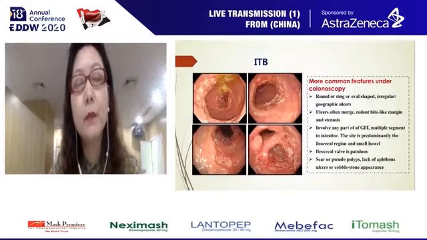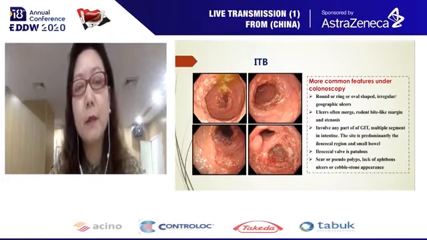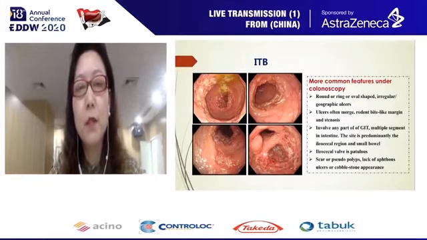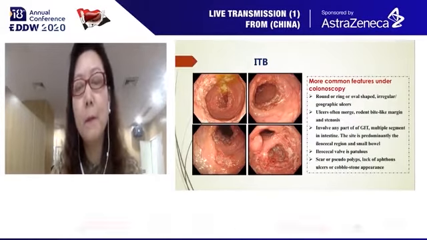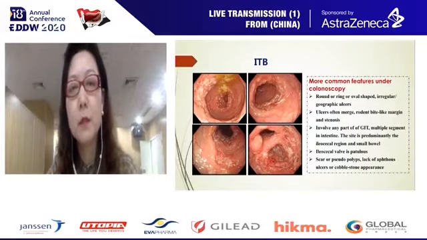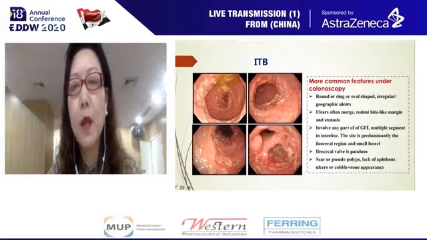As we know, the endoscopy plays a key role in diagnosis, discrimination, evaluation of therapy, and surveillance of intestinal disease, particularly ulcers. So some typical appearance in endoscopy can give us the clue and help us to make the right diagnosis. So let's see the typical features in the colonoscopy of this disease.